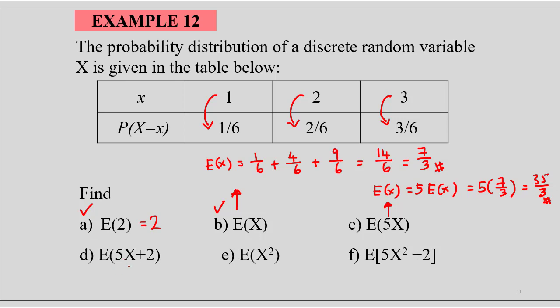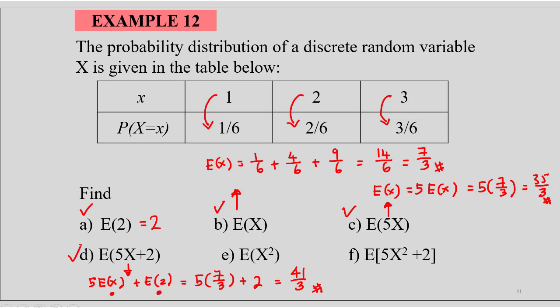When it comes to E(5X plus 2), the properties can be applied as 5E(X) plus E(2). These two values are already obtained from parts A and B, so we just substitute 5 times 7 over 3 plus 2. It will be 35 plus 6, which is 41 over 3. This is how we solve parts A, B, C, and D.